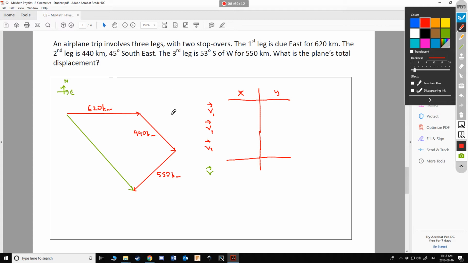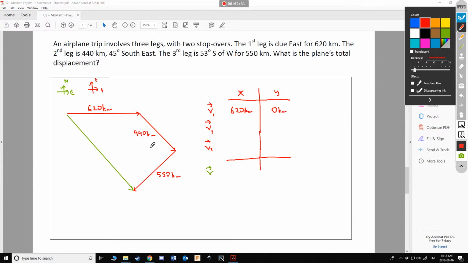Don't have to worry about it. It has no north or south components, so I know this is going to be, I think of right as positive and up as positive. So this is 620 kilometers right here, and it has 0 y component.